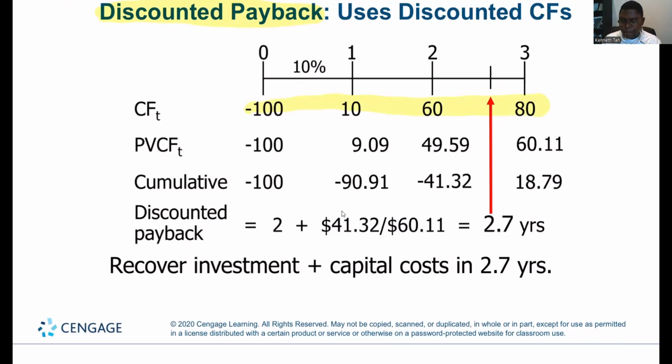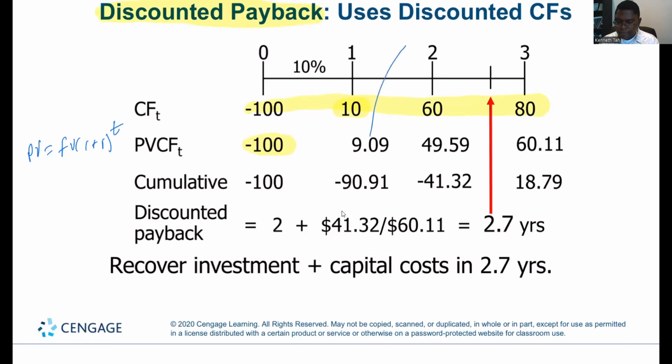So the present value of negative 100 that leaves right now remains negative 100. This 10 that comes at the end of year 1 is not equivalent to $10 or $10,000 right now. So we are calculating the present value. So we know that present value is equivalent to future value divided by 1 plus r raised to the power t.